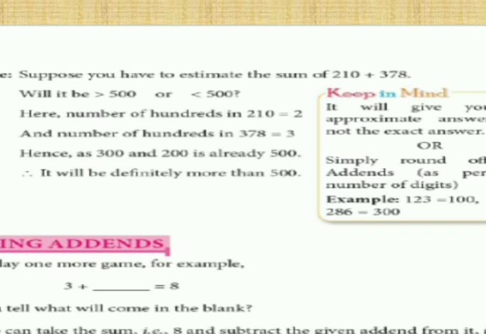Like they are just talking about the placeholder number which is holding the place of 100. So in the first one, as you can see, in 210, 2 is holding the place of 100, and in 378, 3 is holding the place of 100. Hence, as 300 and 200 is already 500, it will definitely be more than 500. Okay, so in this manner we can take out the estimates of the sum.